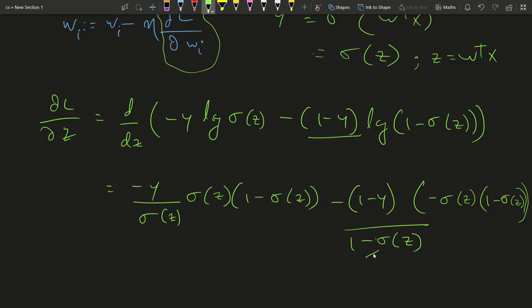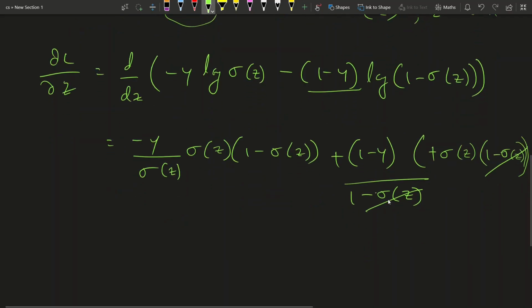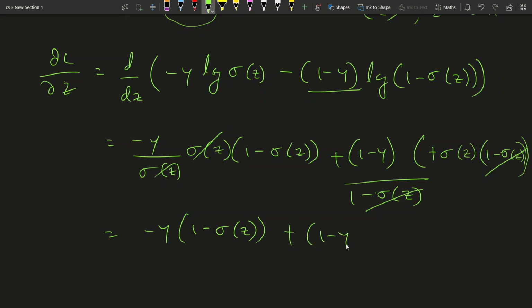One thing you can see, this gets cancelled, and this minus and minus will multiply and make it a plus sign, and here this gets cancelled. So ultimately it boils down to this expression, minus y and this one, plus I have 1 minus y, and then this will be my sigmoid of z. That's it, right? So this is my expression.